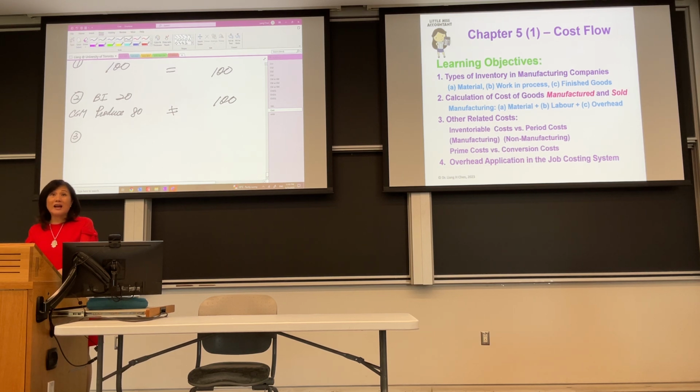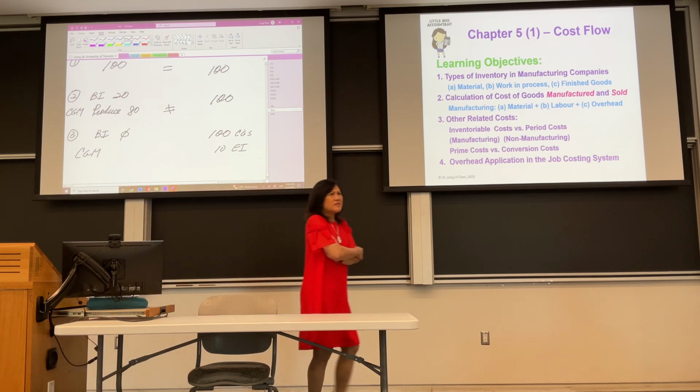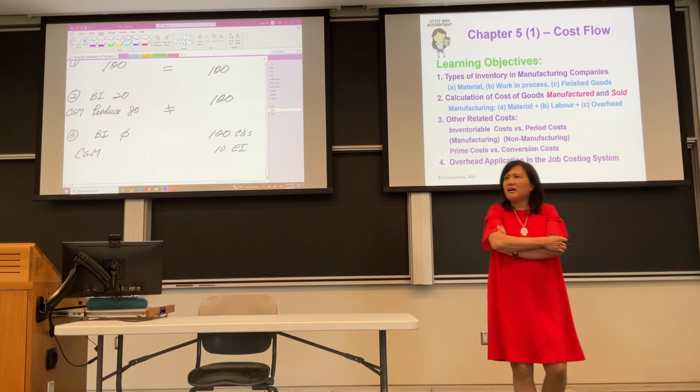If I don't have beginning inventory, cost of goods manufactured, how many do I have to produce? Suppose I want to sell 100 units, cost of goods sold. But I also want to have 10 left over, ending inventory, because I don't want to run out of product to sell.